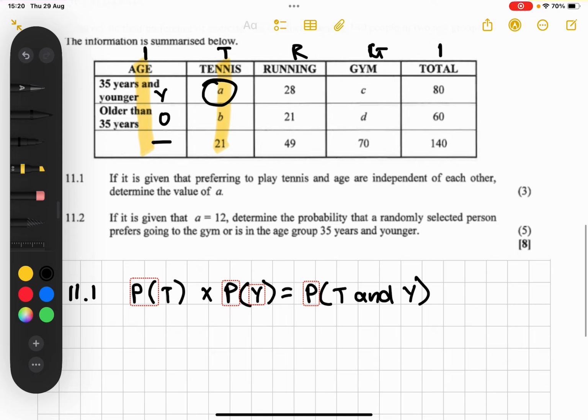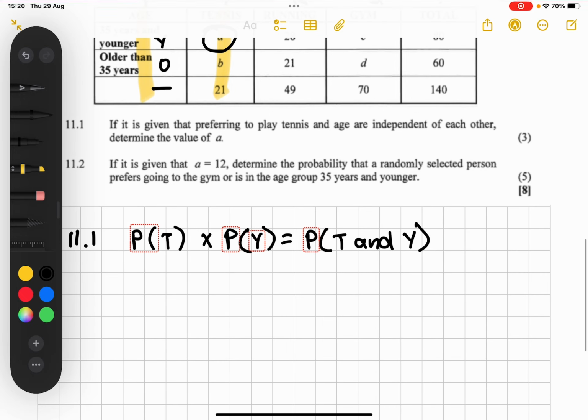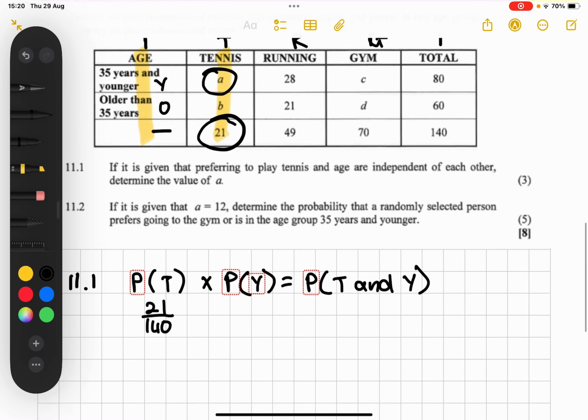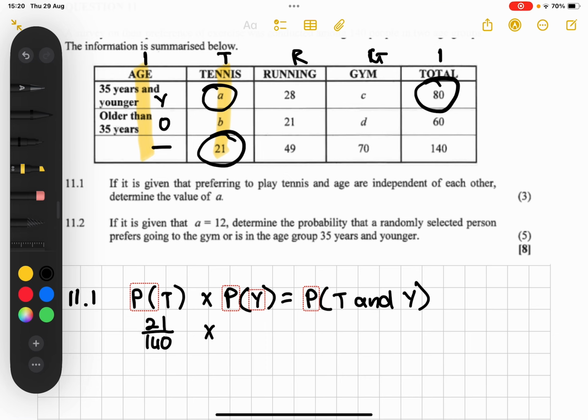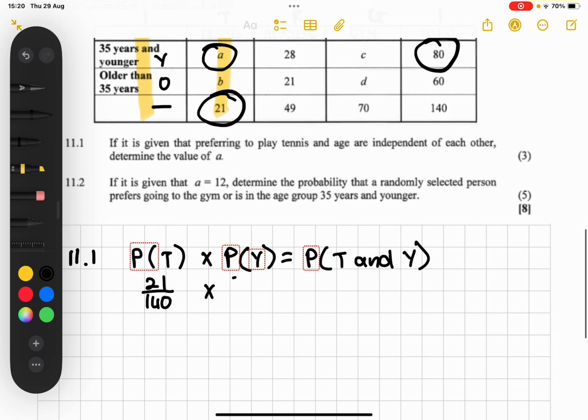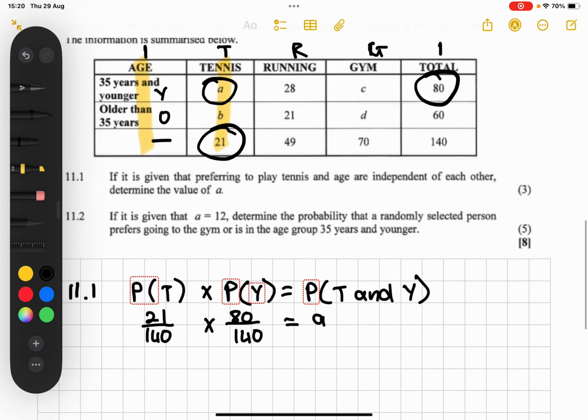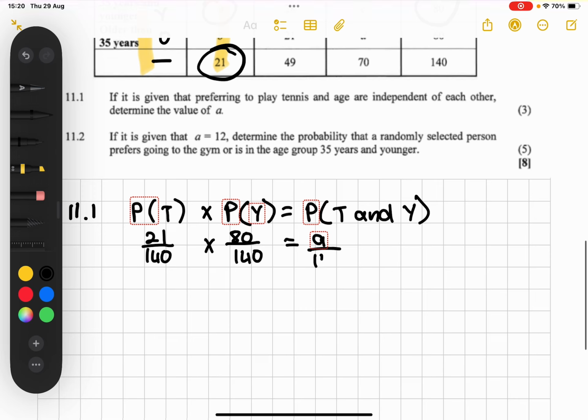What we see here is the probability of tennis is 21 divided by the total of 140, I'm getting that from there. Then times that by your probability of young, which is 80 over 140. That's going to be equal to A over 140.